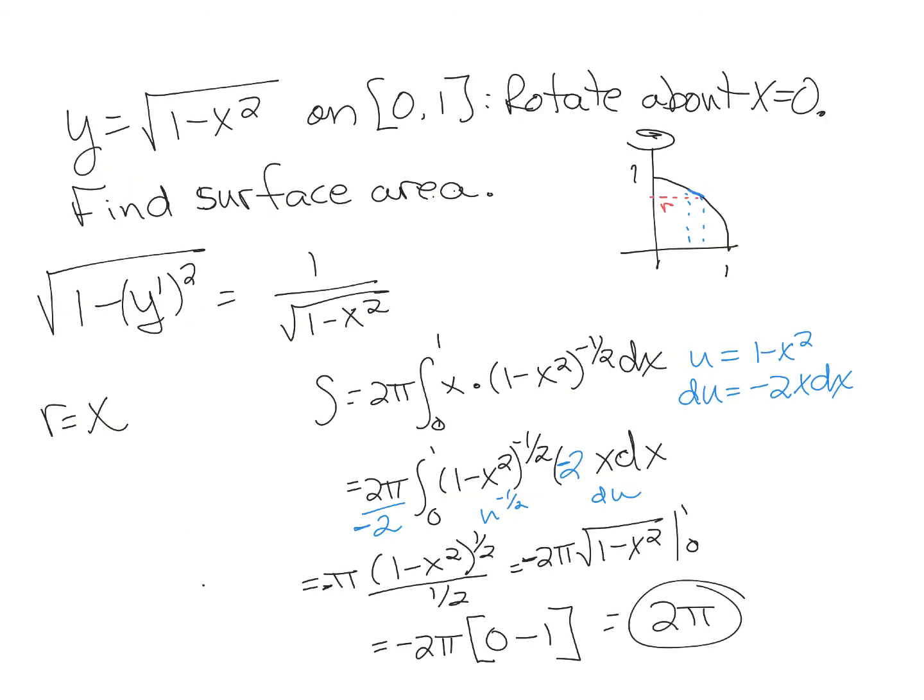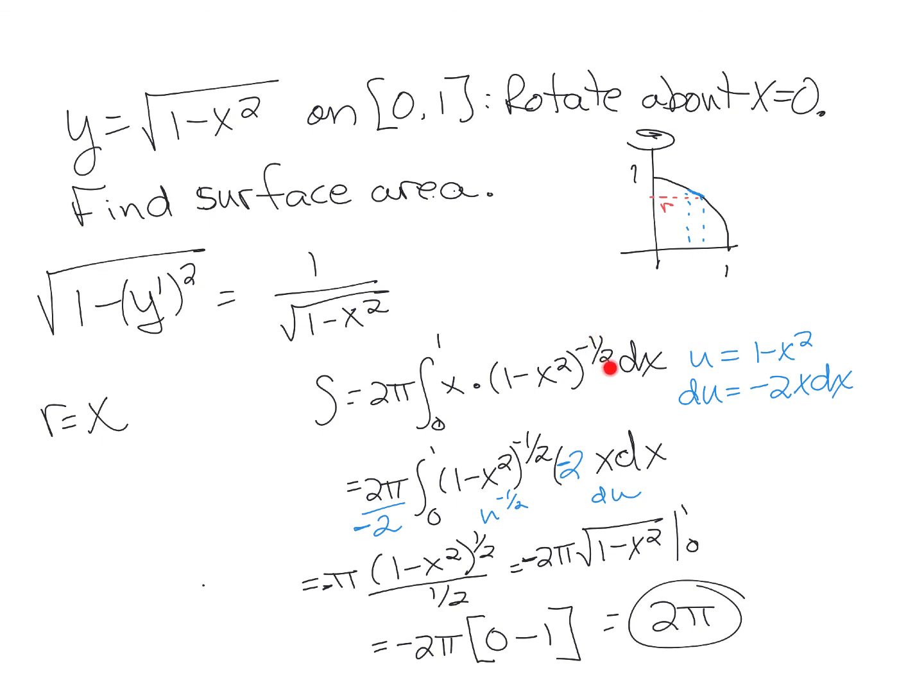Now, if we rotate the same curve about the line x equals 0, that's the y-axis. We're going to use the same arc length portion, but now my radius, if I'm doing it with respect to x, is the distance from the y-axis to the curve. Well, that's just the x value. So when I set that up, here's my radius, and here's my arc length portion. It's the square root of this stuff in the denominator.